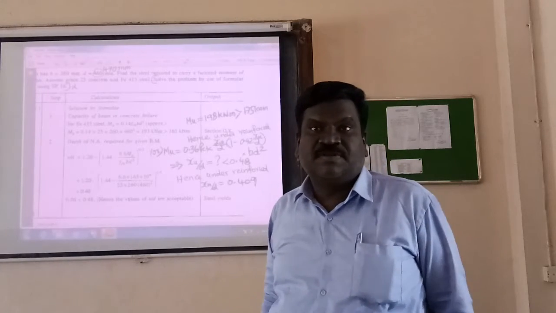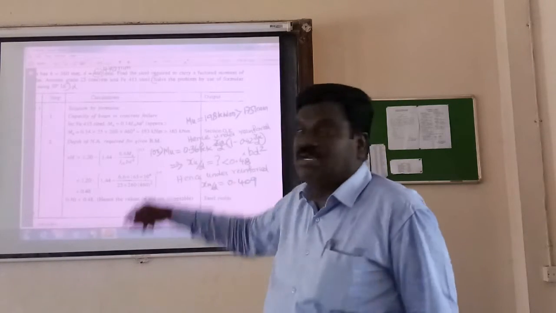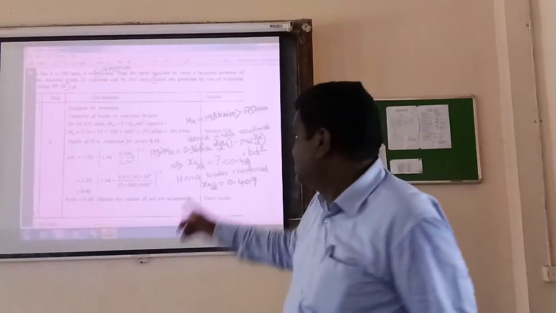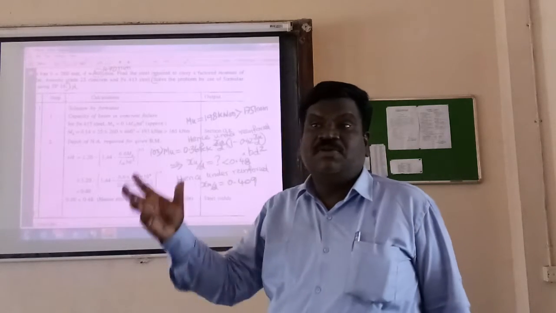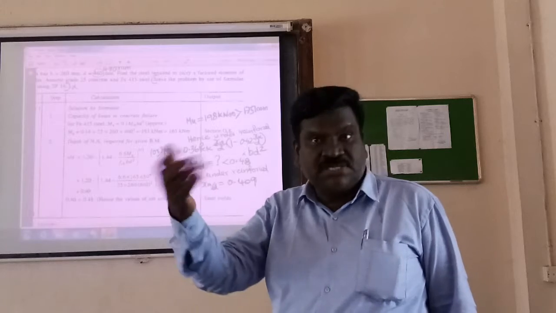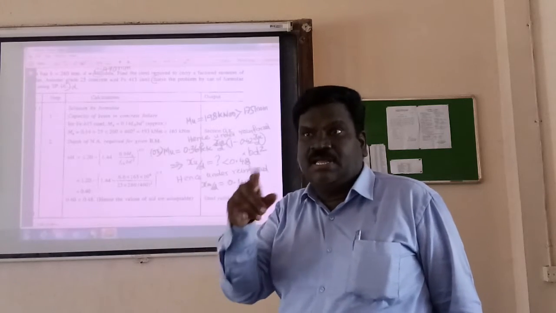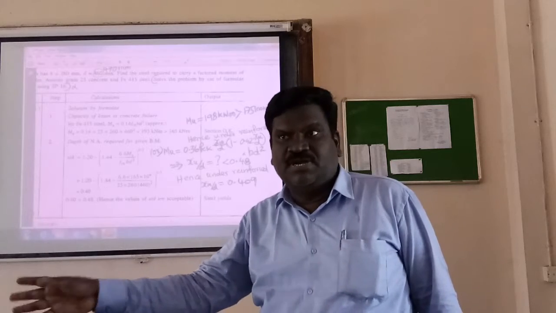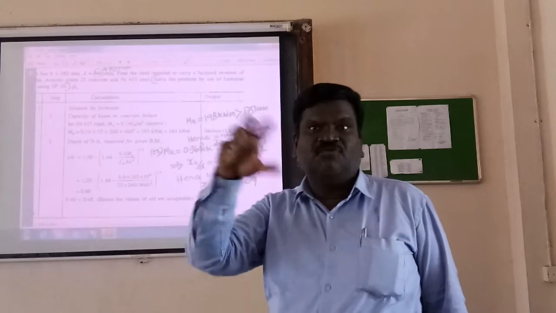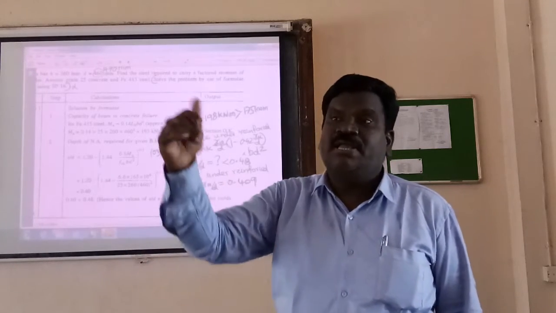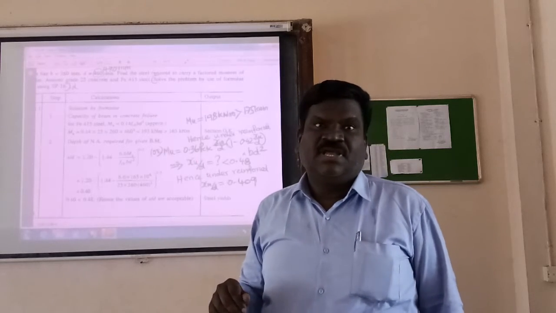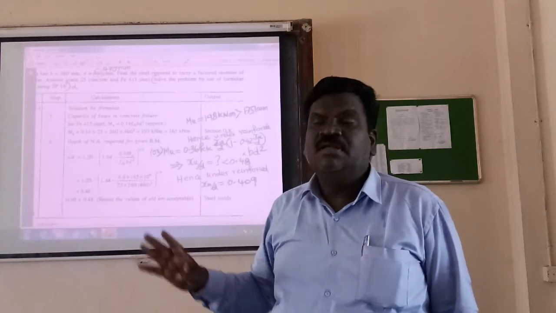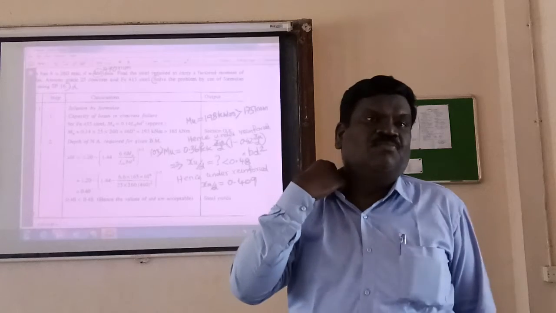Hence it is under-reinforced. The xu by d computed may be used to determine lever arm. Using that lever arm also we can get AST equal to Mu divided by 0.87 fy into lever arm. That way also we can compute the AST by avoiding the quadratic equation.